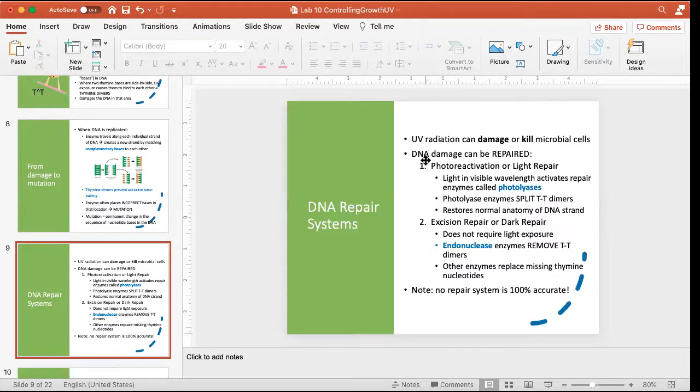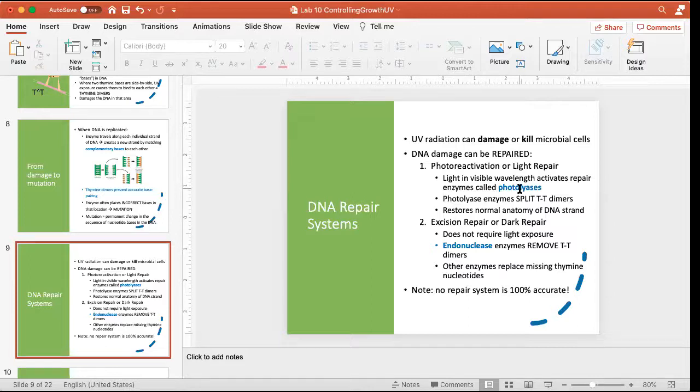Photoreactivation: anytime you see the term photo in a word, it means light. So this tells us that this is a light repair system, a light reactivation system. What the visible light will do, for that cell sitting in the light, is activate the repair enzymes. We give these enzymes a family name.